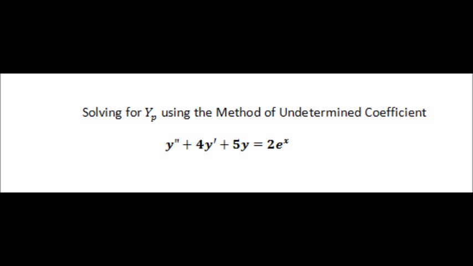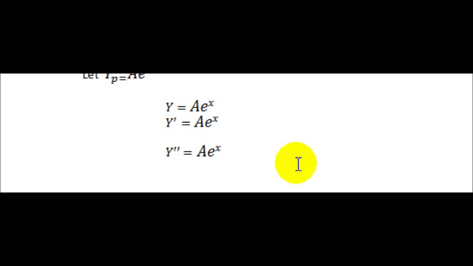I let yp equal a e to the x. I need to find the value of a so that I have now the equation for yp. So y equals a e to the x, differentiate, y prime equals a e to the x, then y double prime equals a e to the x.